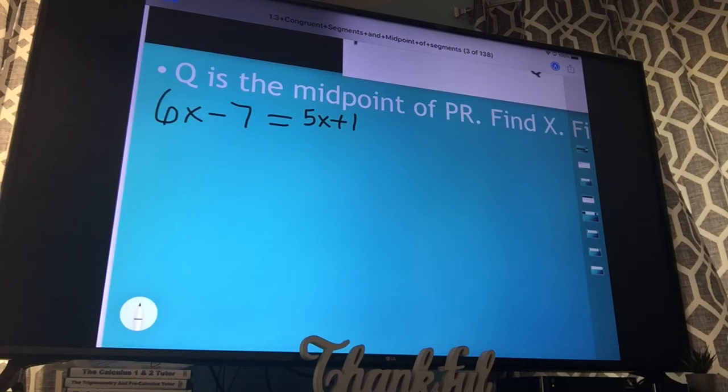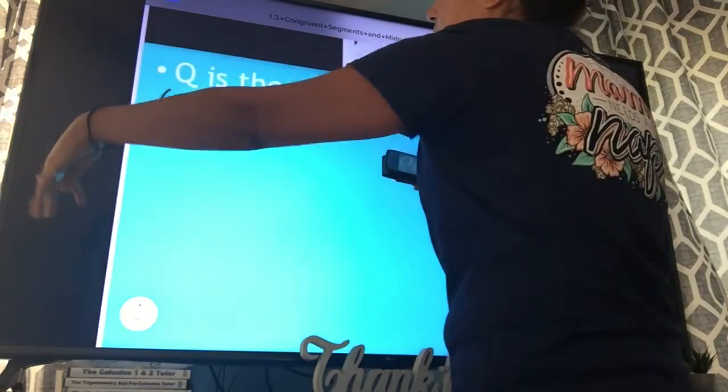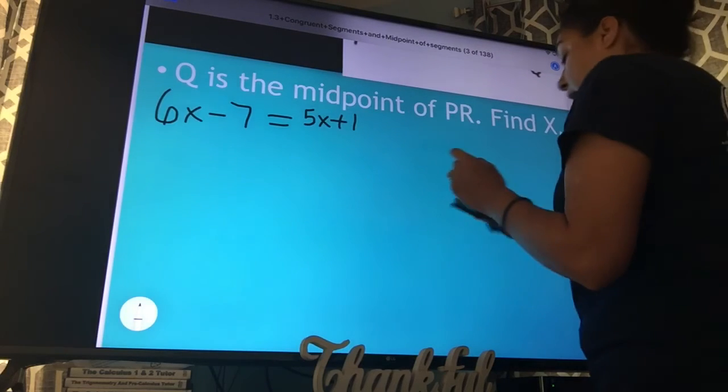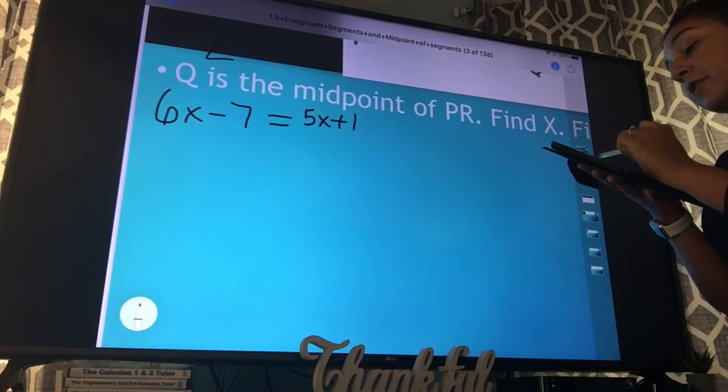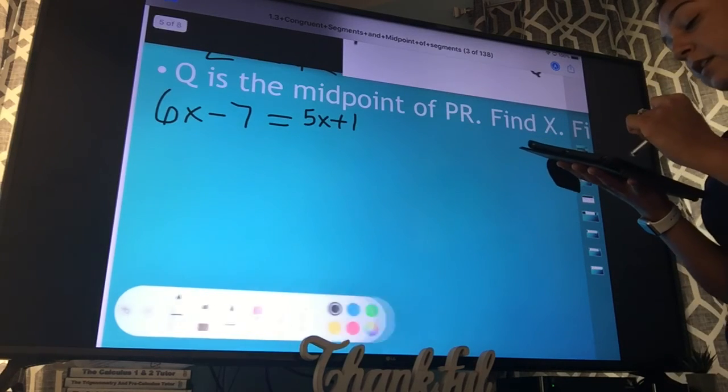We know letters go on the left, so anything with a letter needs to go on the left, and numbers go on the right. So we need to move anything with letters over to this side and anything with numbers over to this side. By left and right, I mean the left of the equals and the right side of the equals.